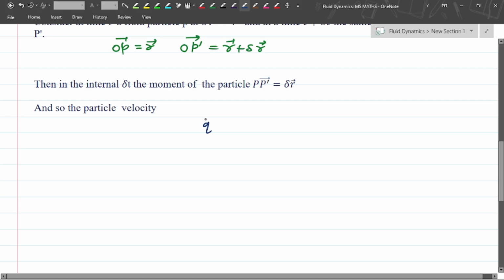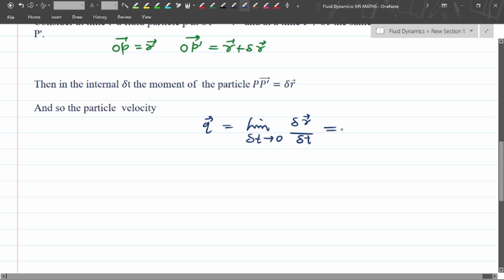I say q vector is the velocity of the particle. It is nothing but the limiting value, limit delta t tending to 0 of delta r vector, the change in the position, divided by the change in time, delta t.